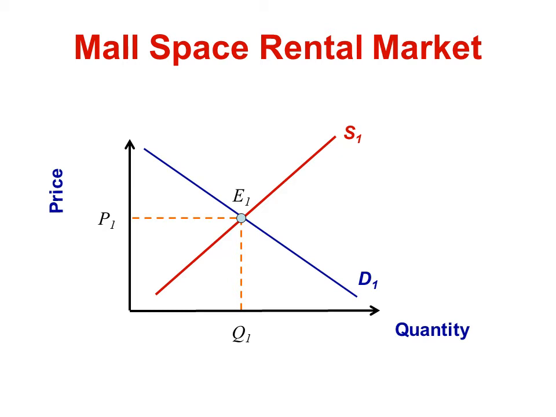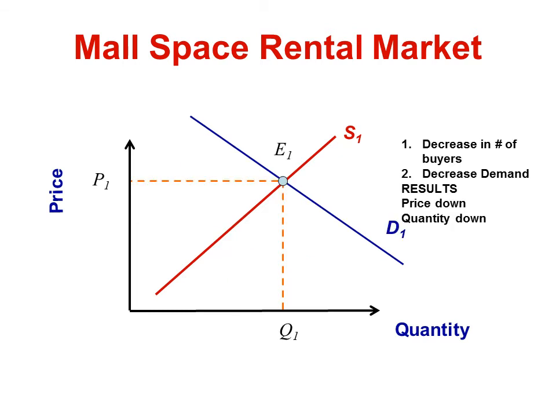Before Amazon and other retailers disrupted the market, the situation existed as pictured on the board, E1, P1, Q1. Now, something has changed. There will be a decrease in the number of buyers for brick and mortar stores. Stores will either close altogether their physical operations, or they will simply have fewer stores available at malls across the country.